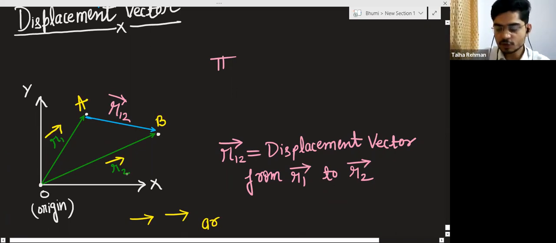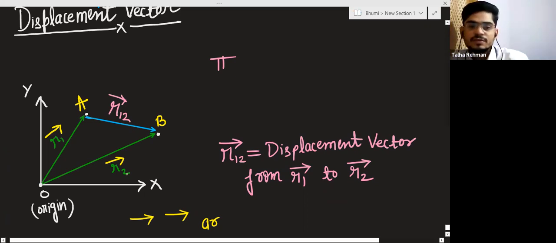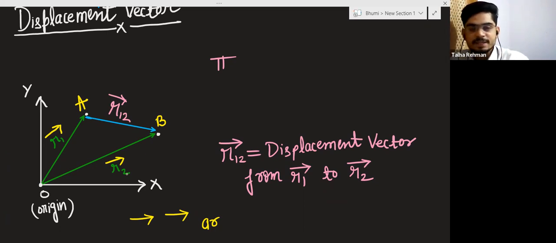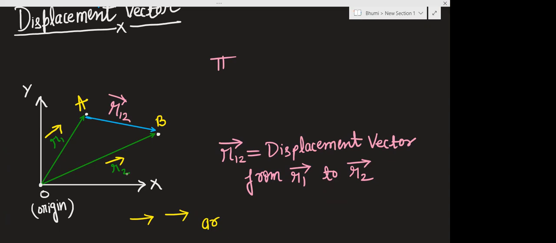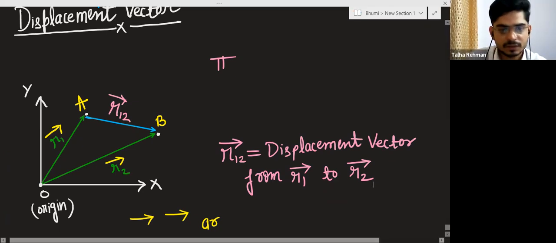Displacement vector means you are moving a certain distance, and that distance in the vector form is known as displacement vector. Nothing is special here.